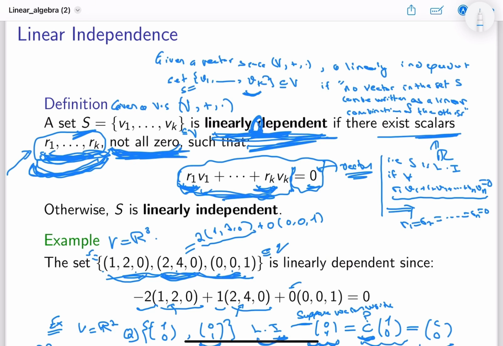So usually when you want to prove that a set S containing vectors v1 through vk is linearly independent, you start with such a linear combination and then prove that all the r's must be 0. And how would you prove linear dependence? You find such a linear combination equal to 0 such that not all the r's are 0. So these are the ways of proving linear dependence and independence.